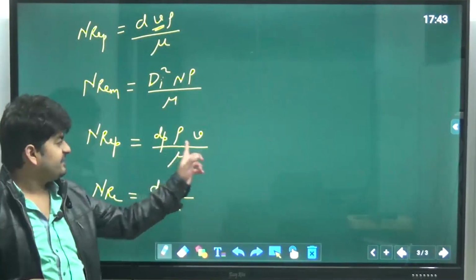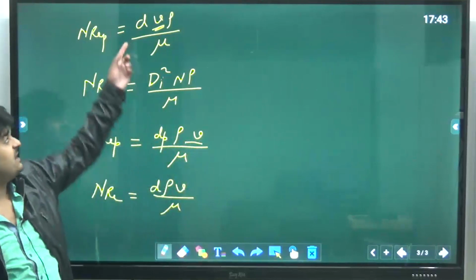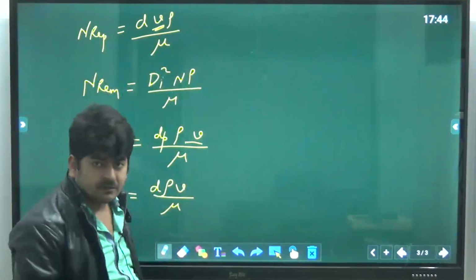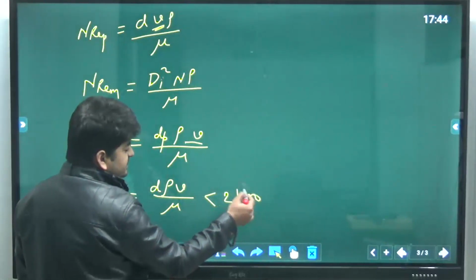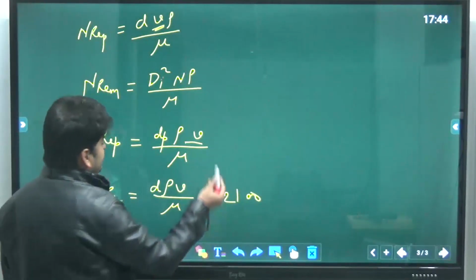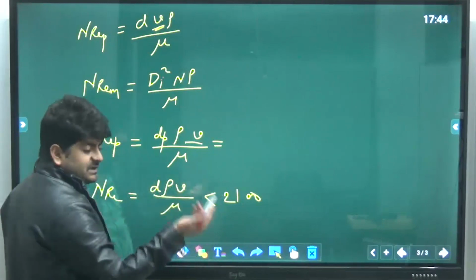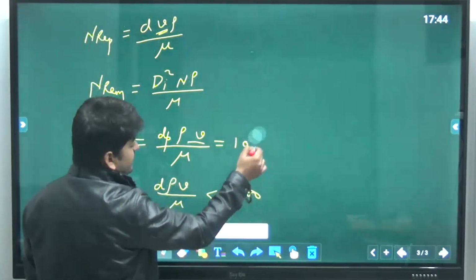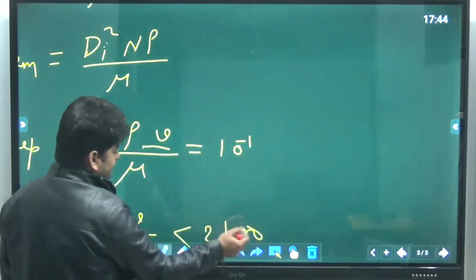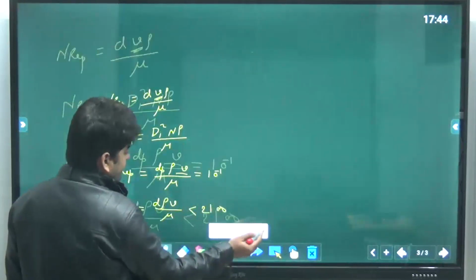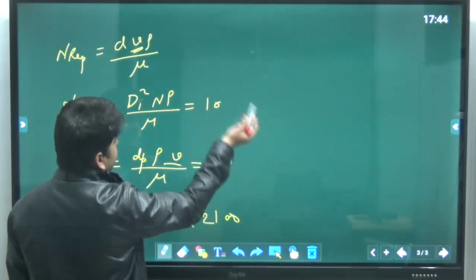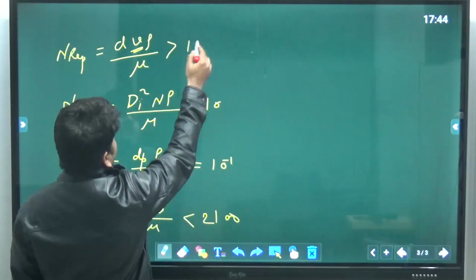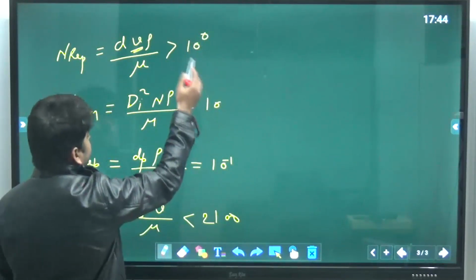Here in settling, v is the velocity of the particle; in fluidization it is the velocity of the fluid. For normal cylindrical flow, the laminar flow design value is 2100. For particle Reynolds number in settling, the value is 10 to the power minus 1. For Reynolds number of mixing, the value is 10, and for fluidization this value will be 10 to the power 0.